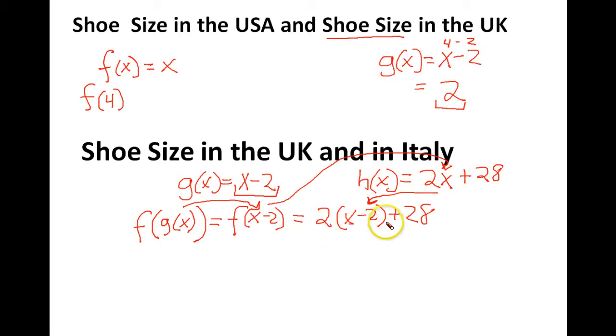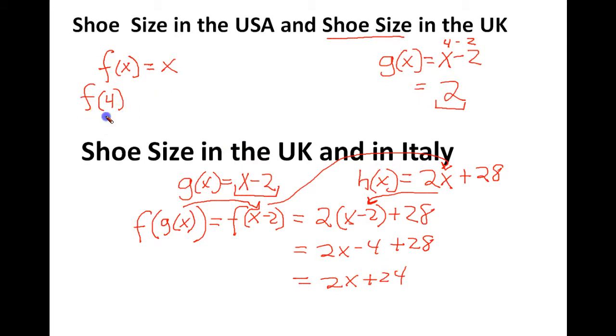So when we multiply this through, this becomes 2x minus 4 plus 28, which will then become 2x plus 24. Now, if we go back and say, what was our x?